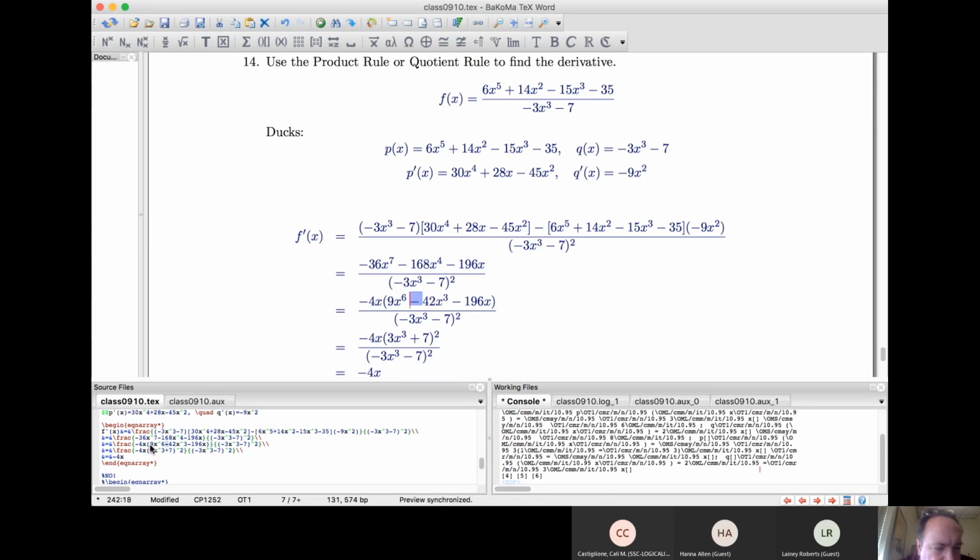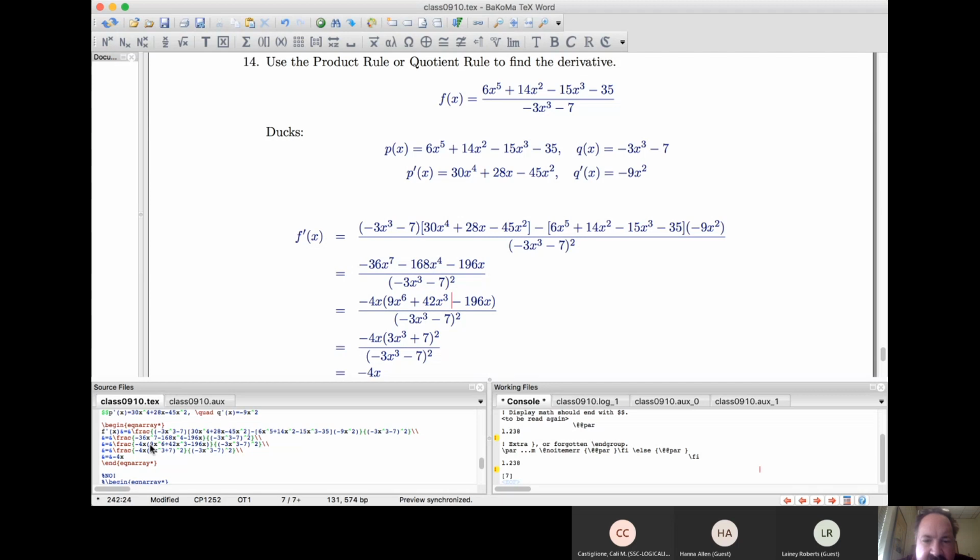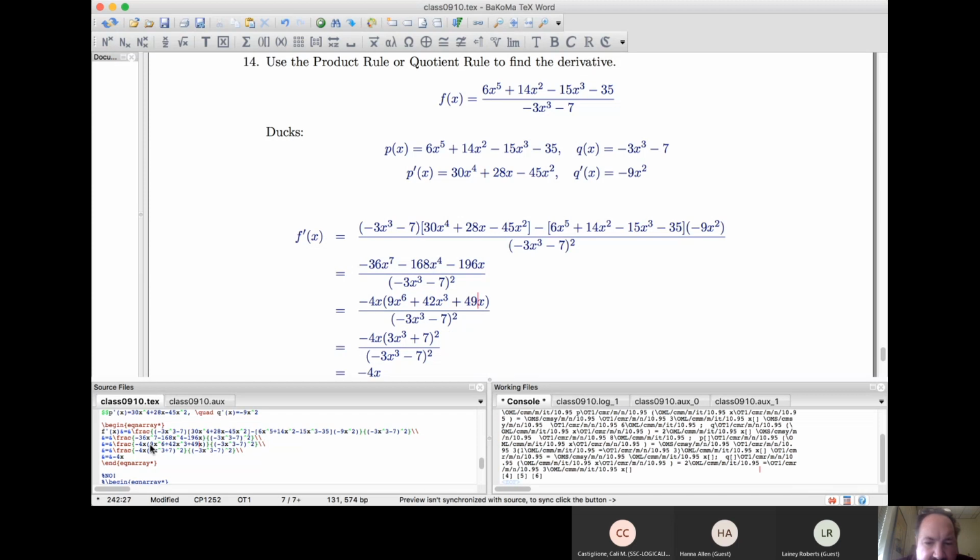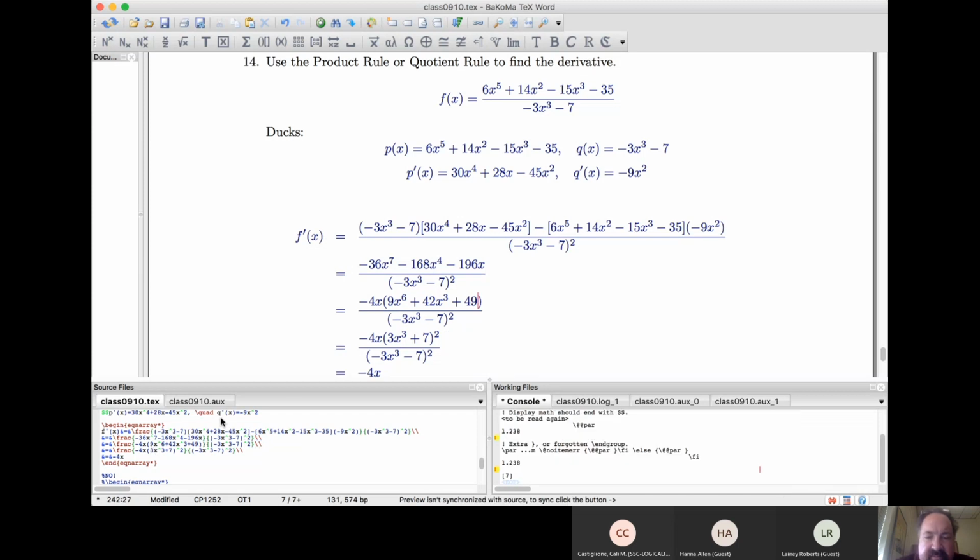And that'll also be a plus because I'm dividing by minus 4. And then 196, it's 49 with no x.